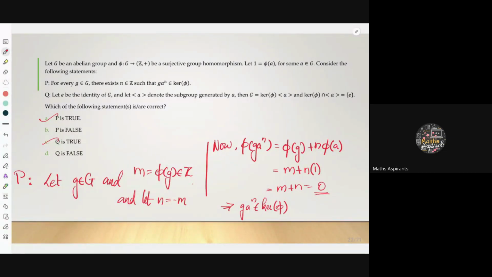Let G be an abelian group. See, we are given there is a surjective group homomorphism from G to Z. So can G be non-abelian? It's a very interesting question.